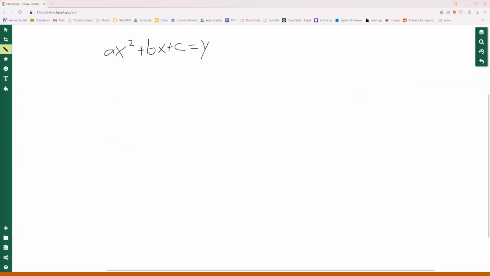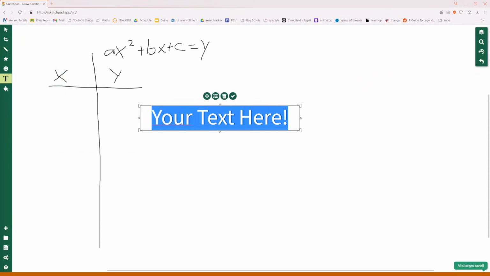equals y. And so now we can make a table of inserting x's. So we build a table again where this side is x and this side is y. So right here, I'm going to type because this is messy.